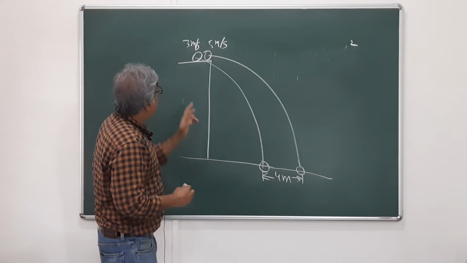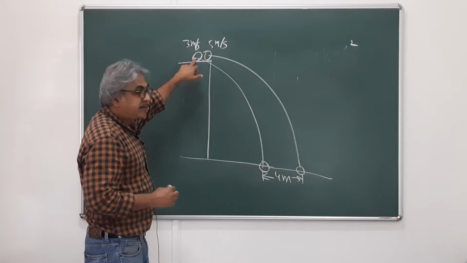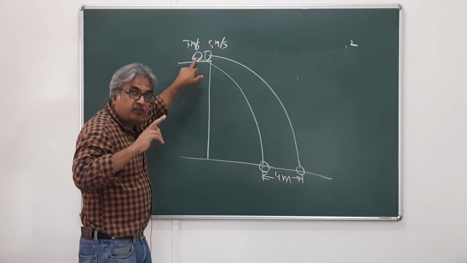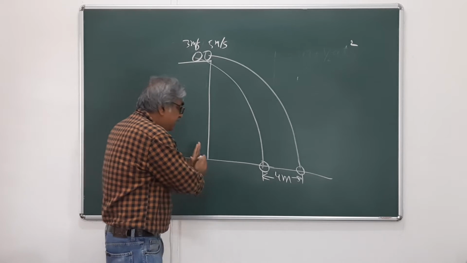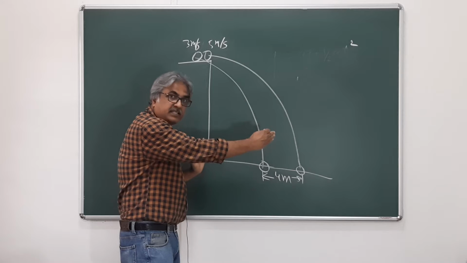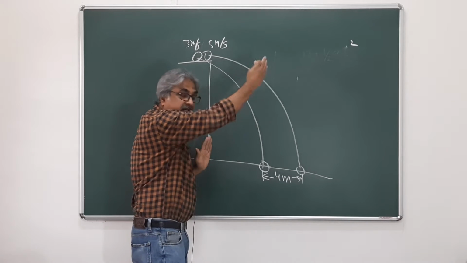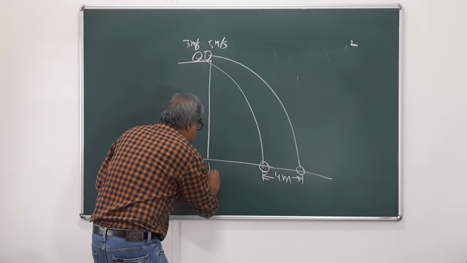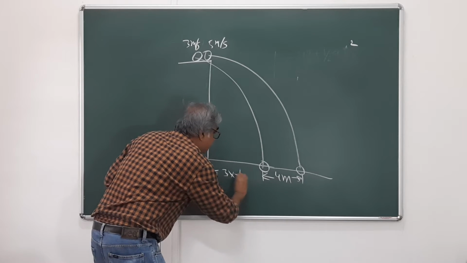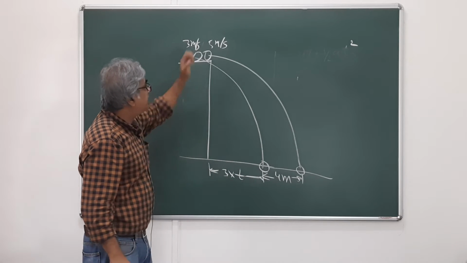That means this ball, which was given a horizontal velocity of 3 meters per second, in time t, the horizontal distance or displacement it travels is 3 into t, because it's a constant velocity of 3 meters per second.